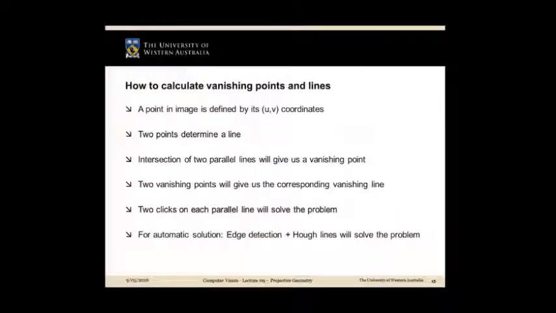You extend those lines, they will meet at some vanishing point. You do the same process for another set of points to get another vanishing point. And once you have information about those vanishing points, you can easily define a line. Because to get a line, what do you need? Just 2 points, right? Just click on the image. So what does it involve? 2 clicks on each parallel line will solve the problem, right? 2 clicks, because each click will give you 1 point, and 2 points define your line. And now, this is a manual process. So if you want to do it automatically, how would you do that?